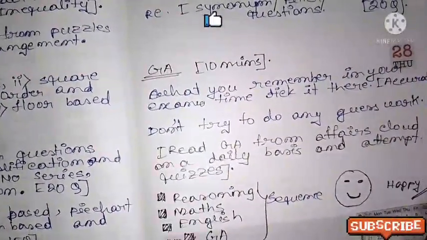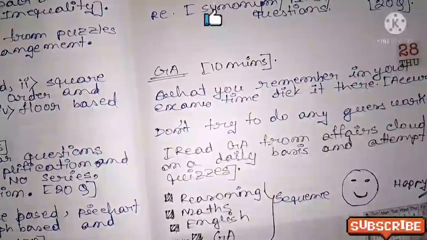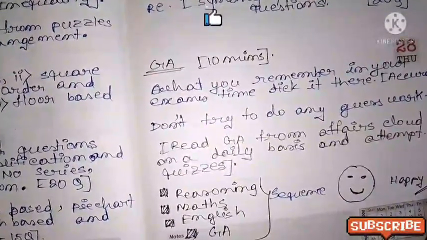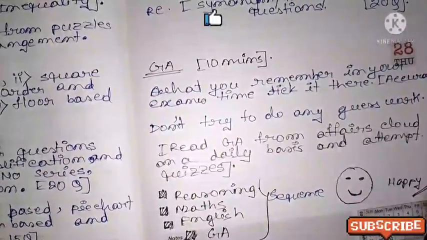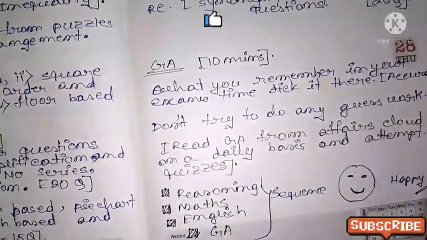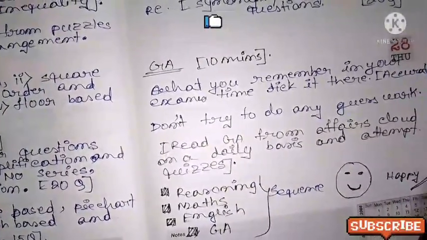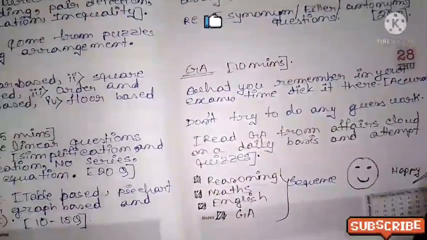So according to me, you can perform well in your reasoning and maths portion. After that you can attempt English or GA. If you decide on another kind of sequence, you can follow that. I think that will be useful to you, right? I follow this sequence, that's why I'm telling. Okay, you may follow it.